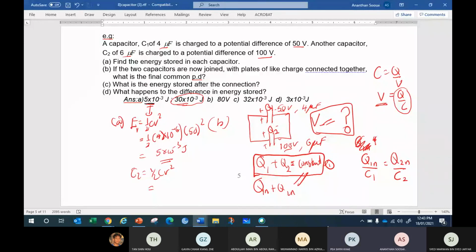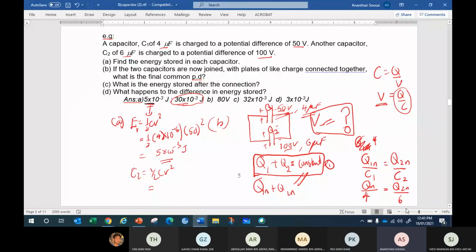Q1 new over the first capacitance, 4 microfarad, should be equivalent to Q2 new over 6 microfarad.